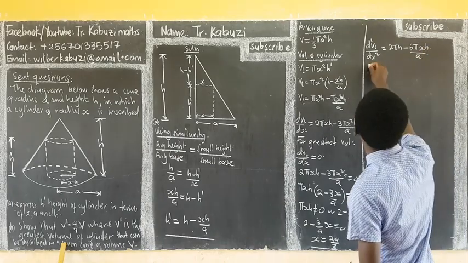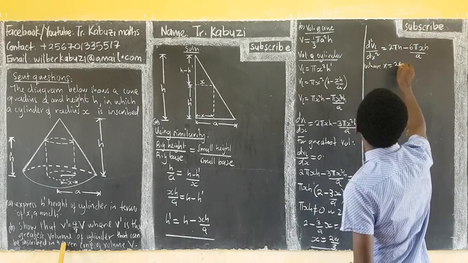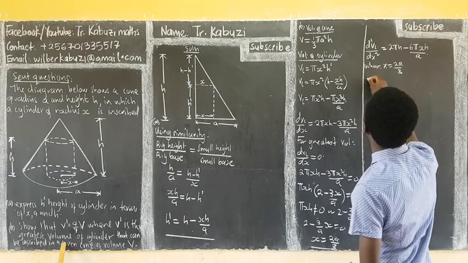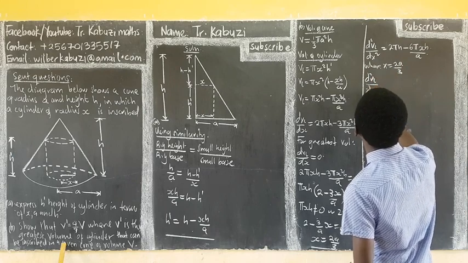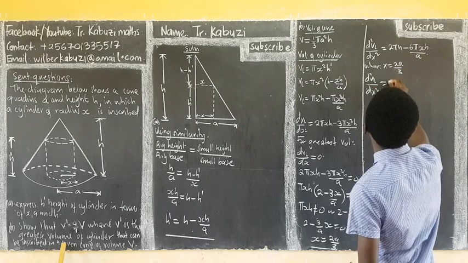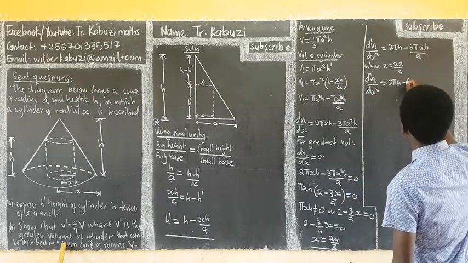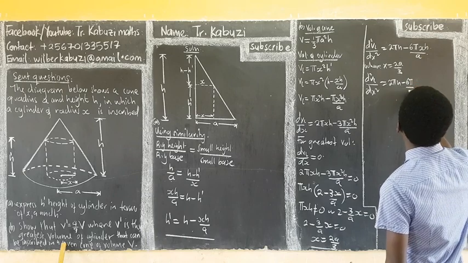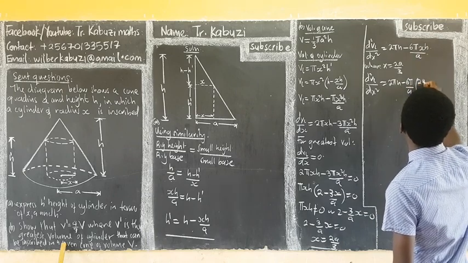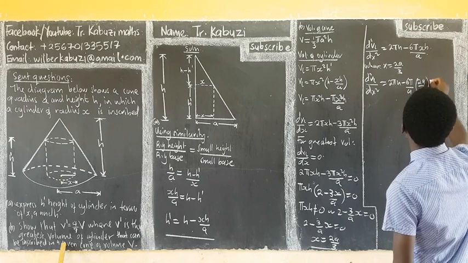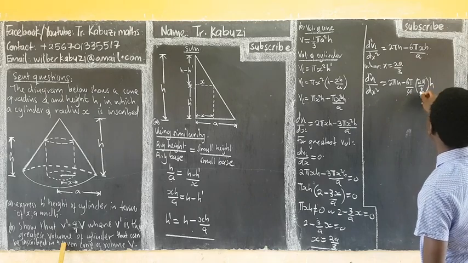Substituting x equal to 2a over 3, d²V over dx² is going to be 2 pi h minus 6 pi over a, times 2a over 3, times h. Now you can easily see this one will cancel.